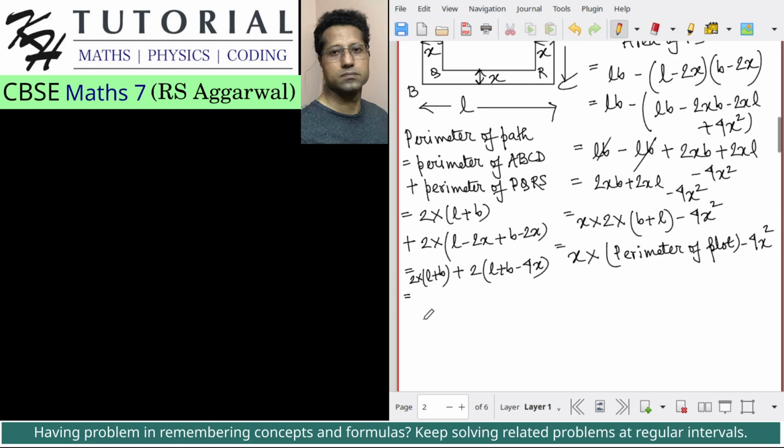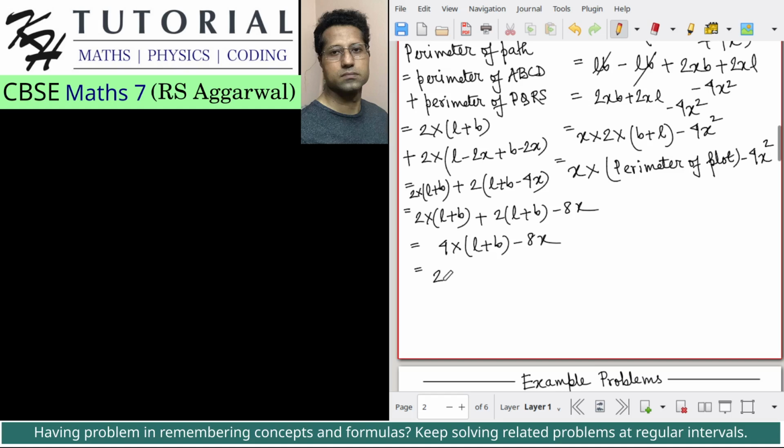Okay, so this is equal to 2 into L plus B plus 2 into L plus B minus 8x. Now this is equal to 4 multiplied by L plus B minus 8x.